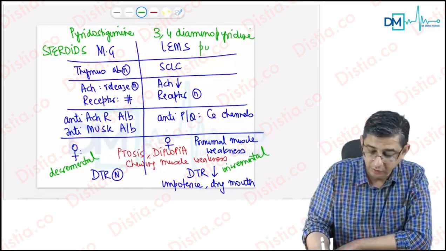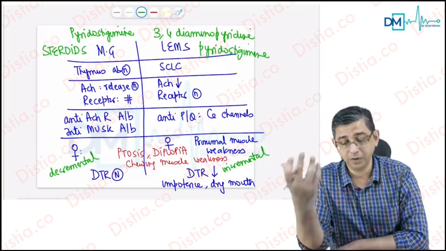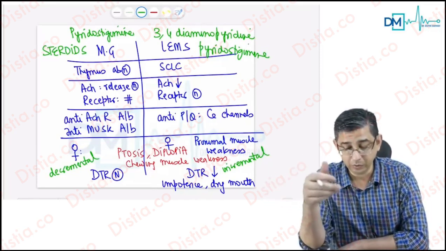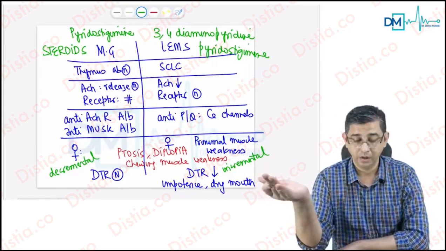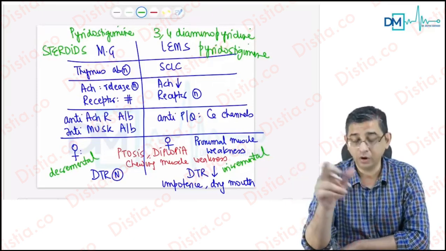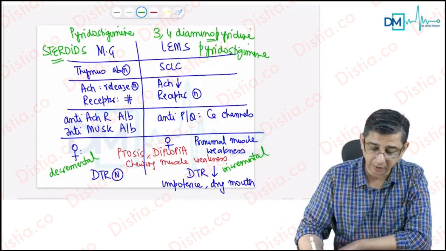Pyridostigmine can be used even on the right hand side, because all pyridostigmine does is inhibit the enzyme responsible for breakdown of acetylcholine, so the muscles get stimulated for a longer duration. In both of these cases, I want acetylcholine to act a few milliseconds longer. So the main difference between the two is not pyridostigmine, it is steroids versus 3,4-diaminopyridine.